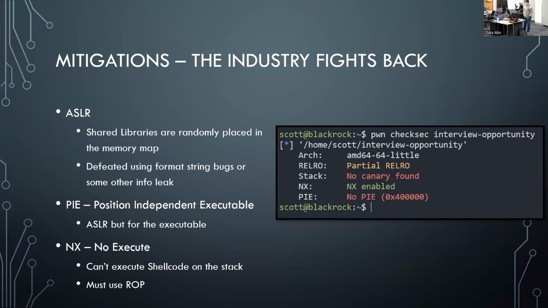There's also PIE, which is an acronym for position independent executable. It's just ASLR, but for the executable itself. So your life is slightly harder, especially when you're debugging, because the addresses you see in Binary Ninja or Ghidra don't line up to reality. Now, NX stands for no execute, and basically means that you can't execute anything on the stack.